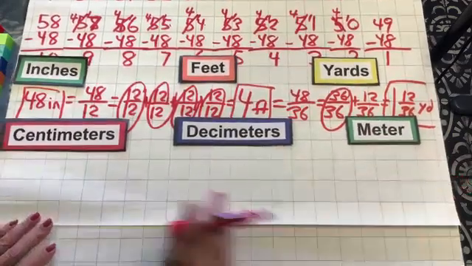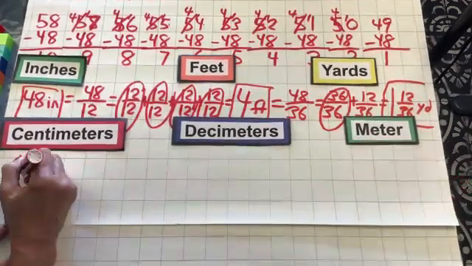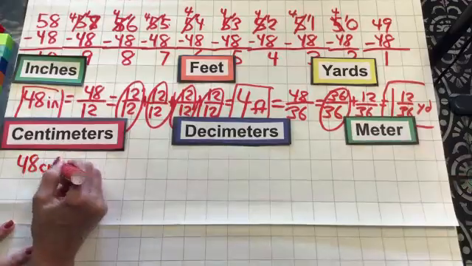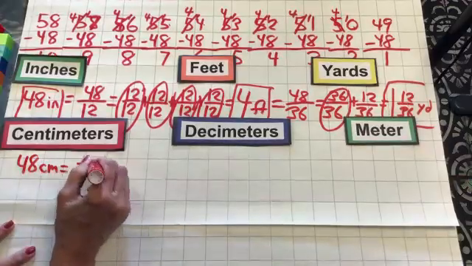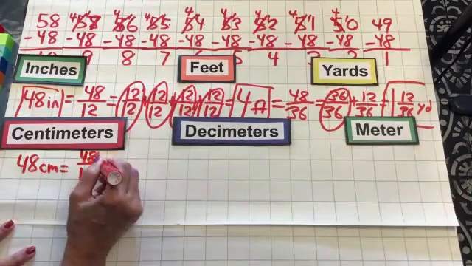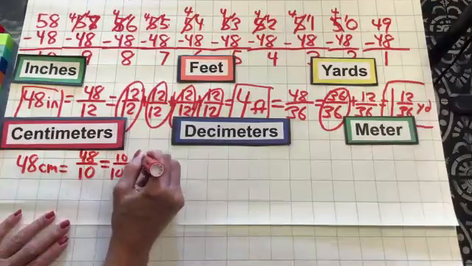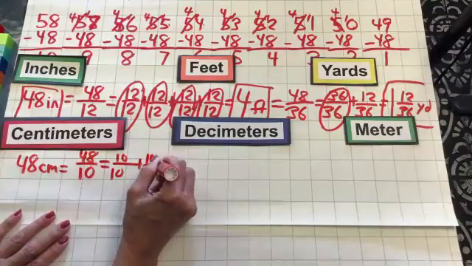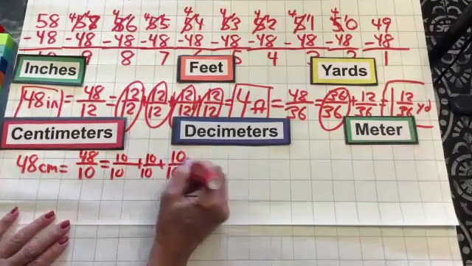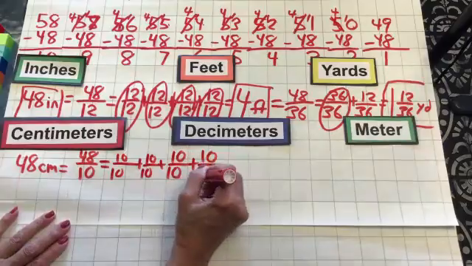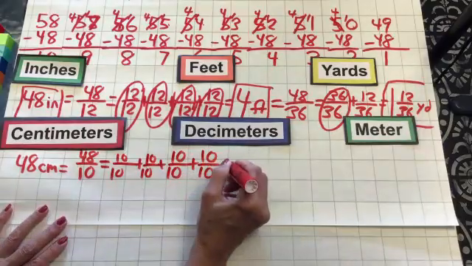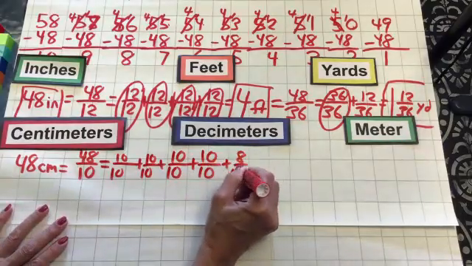Here we go. Metric system, 48 centimeters. We know it takes 10, so we're going to put that 48 over 10, and then we're going to break it down. 10 over 10 plus 10 over 10 plus 10 over 10 plus 10 over 10. Sorry, these are so small. Plus 8 over 10.